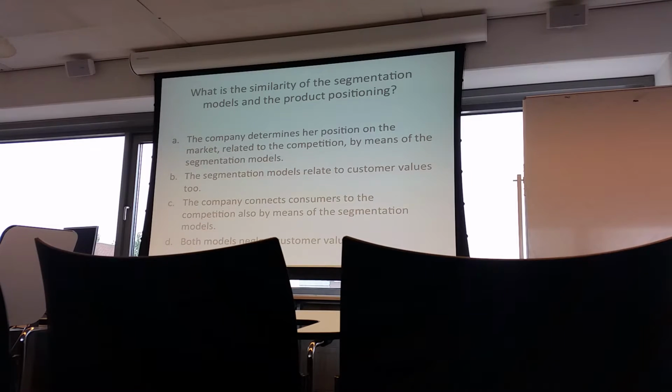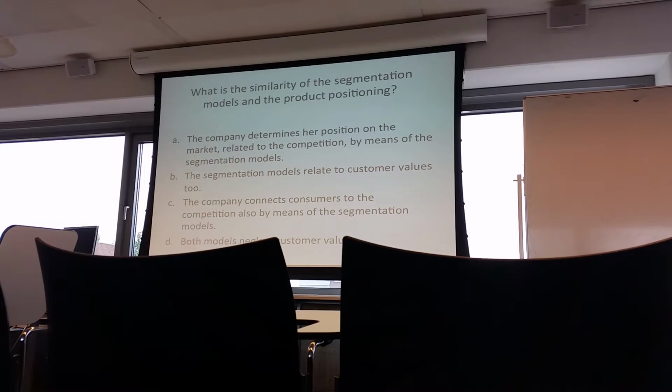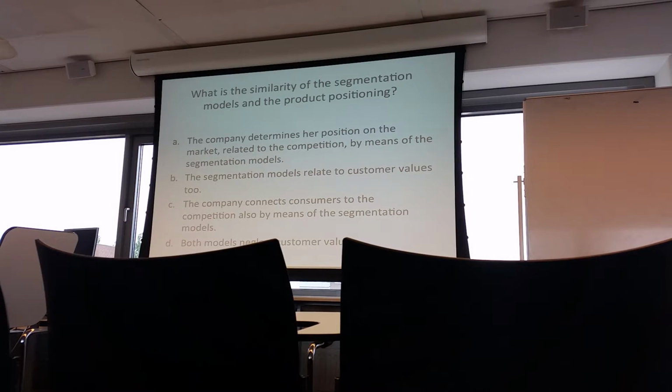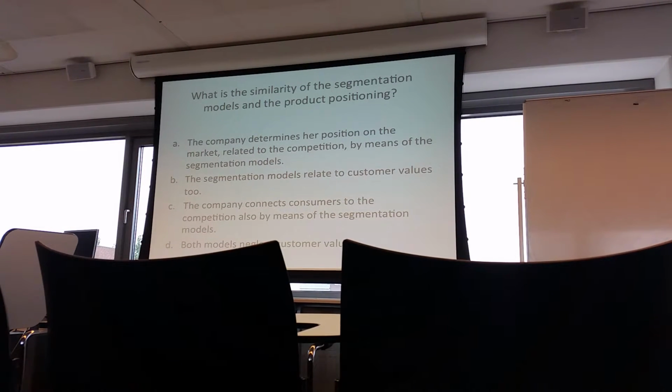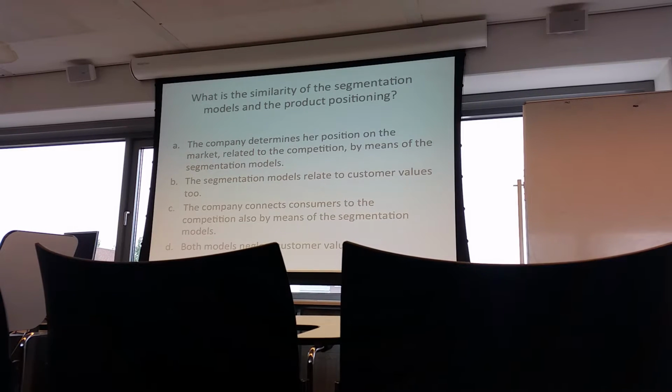So I have to remember the localities model. It is in the reader, of course, and the motivation. Oh no, it's the social size model with the segments and the kind of consumers we have, and the drivers of these models. And then look at product positioning, where we position our product in the brain of the consumer. So what do you think the similarity is?